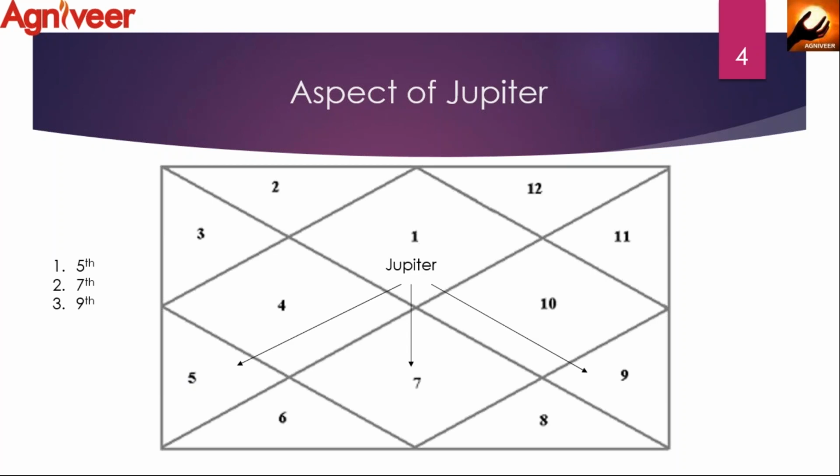And if Jupiter is aspecting your fifth house, as I said, the person is good. So it is also expected that he will have a good mind, or he will direct his intentions and thought process in a good direction.